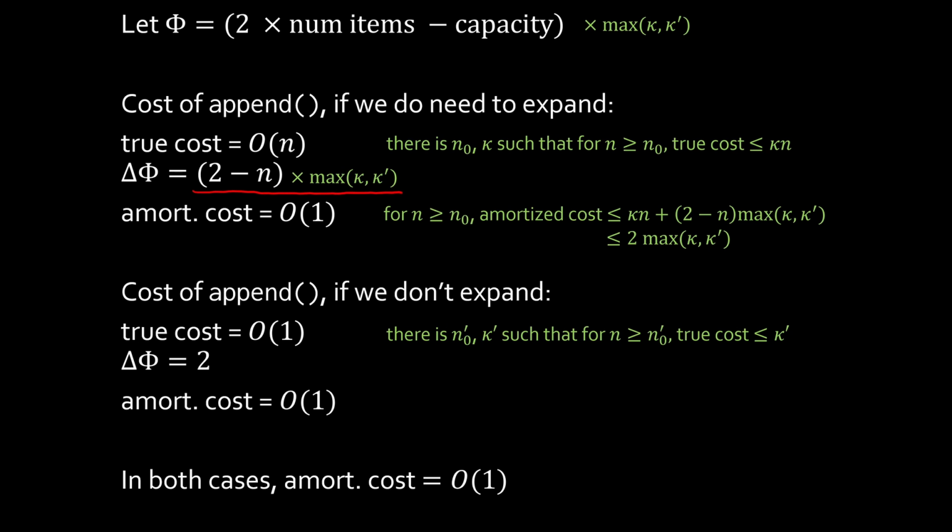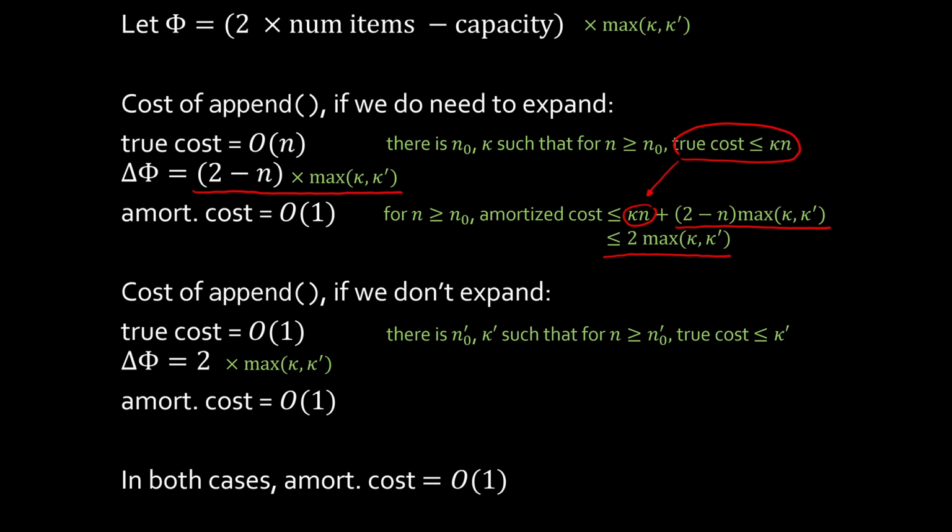So when I add these two together, I've said true cost less than or equal to kappa n, so the amortized cost must be less than or equal to kappa n from the true cost, plus the modified change in potential term, and if we add these two together we get less than or equal to twice times a constant. So now you can see why I multiplied my potential. I multiplied my potential up by just enough to compensate for the unknown constant involved in the big O notation.